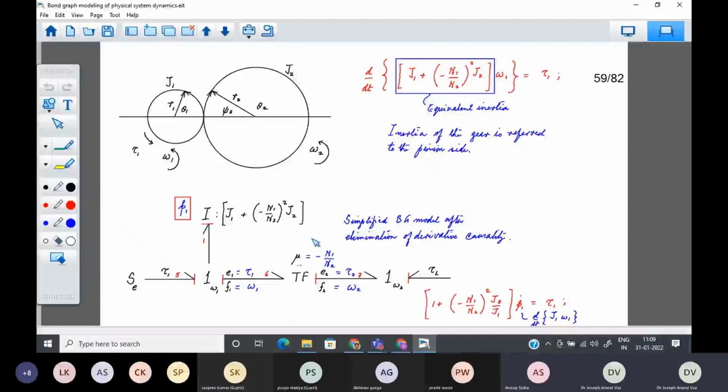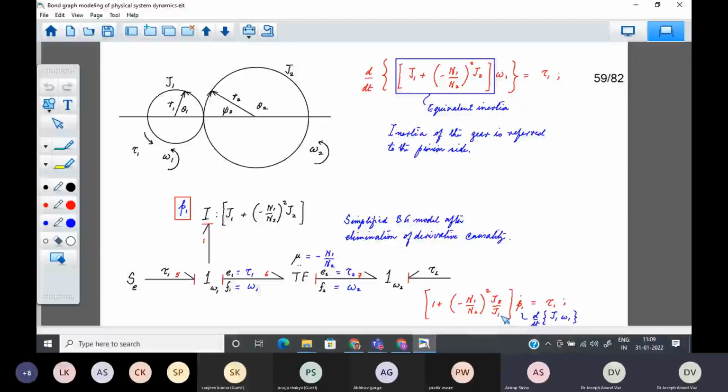So you remove this I element and you transfer its effect over here. So this is what we have taken from here. This is the equivalent inertia, as if it is moving with angular velocity omega 1. Okay. So you have the torque 1 acting on this. If you were to consider a load torque, that could be applied over here as well.